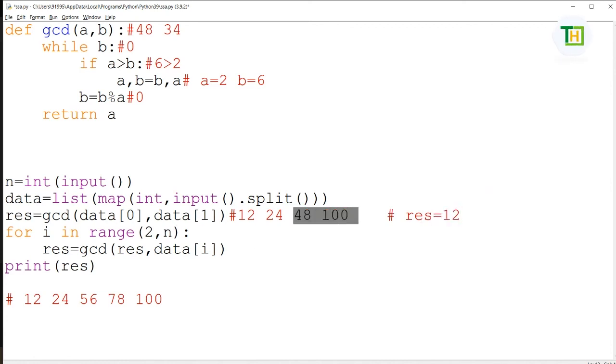Here it starts from index 2, then 3. It goes inside, and we find the GCD of the result, which is 12, and the next value, which is 48. Now I find the GCD of the previous GCD and the present element. Again, it is going to be 12.